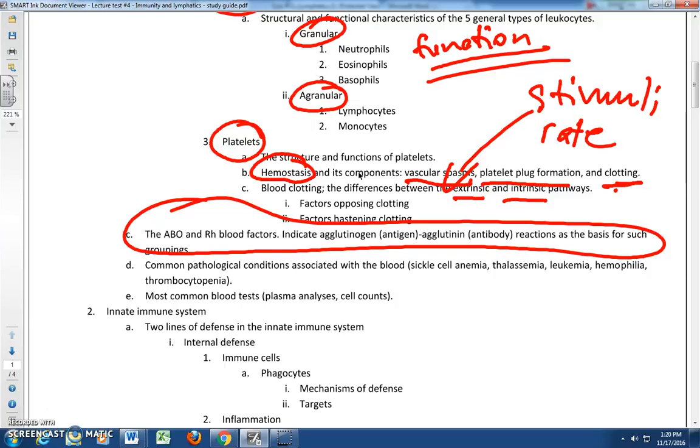It has A antigen. It has antibodies to B. And if it's rhesus negative, does it have antibodies to rhesus? No. They're not pre-existing. They're formed after the exposure. Make sense? Know that.